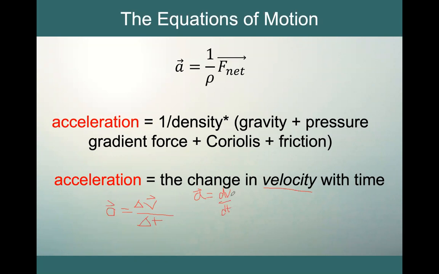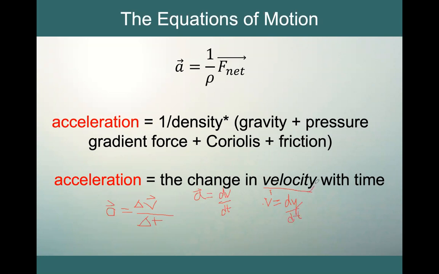We can also remember that the velocity itself is the change in the position over time. So if we think about the velocity as the change in the position with time, the velocity equals the change in the position, which I'll do as y, so that'll be dy dt.